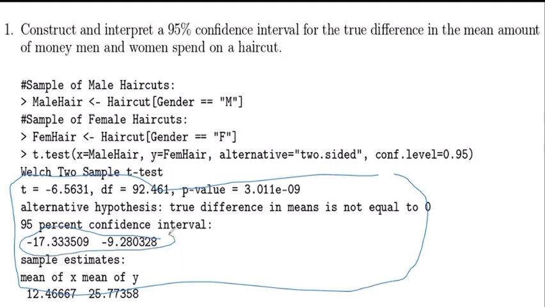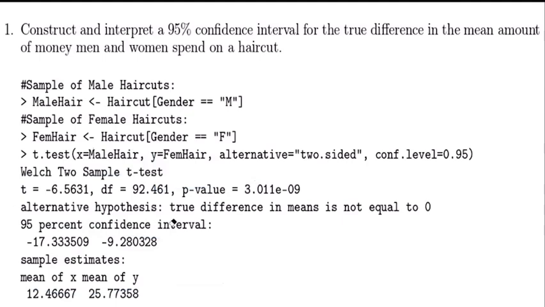R is going to come with a lot of output. This is the confidence interval, the lower bound and the upper bound. We can also use the same code to conduct hypothesis testing for a two-sided test. A 5% level of significance is the same as 95% confidence, so you're going to make use of this p-value.